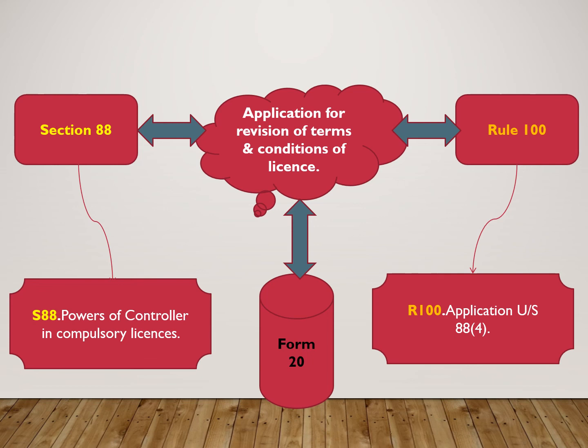So here we can say the keyword here is license, and this form is about revision of terms and conditions of the license, especially the compulsory license. So in this way section 88, rule 100 and form 20 are linked with a special relationship focusing on the revision of terms and conditions of the license.